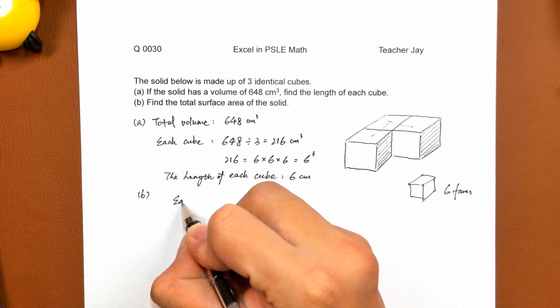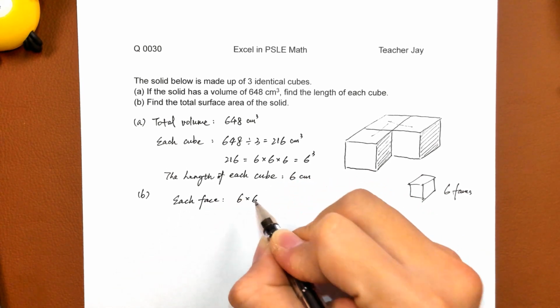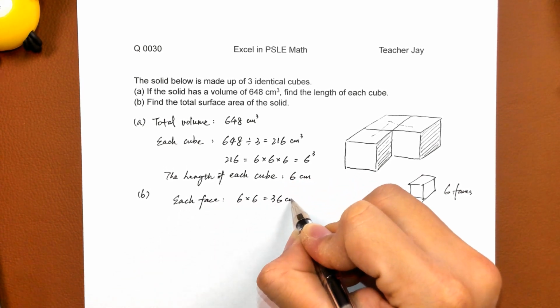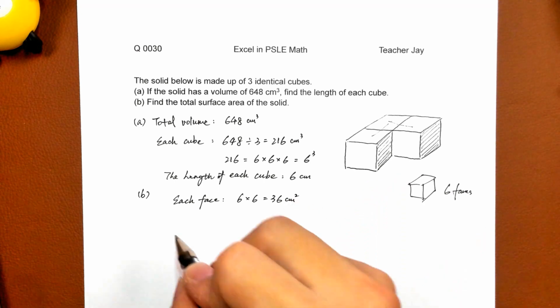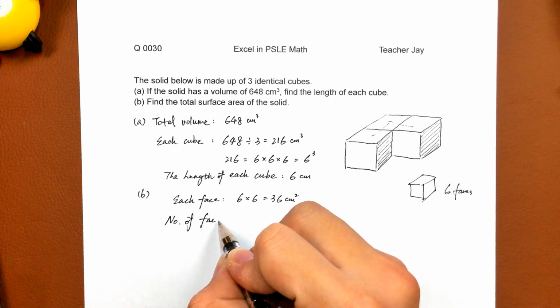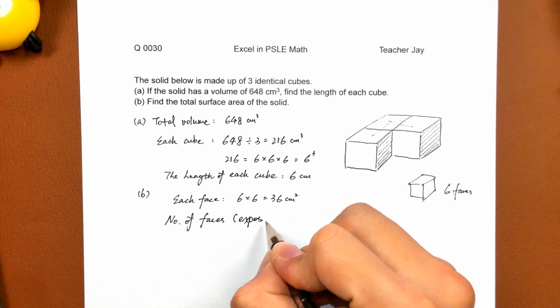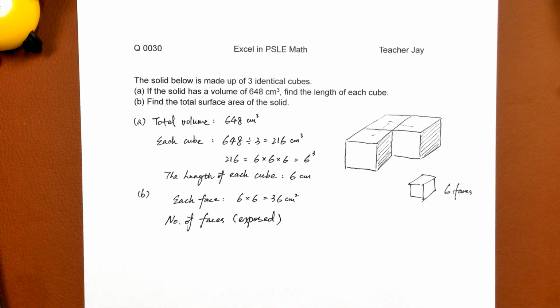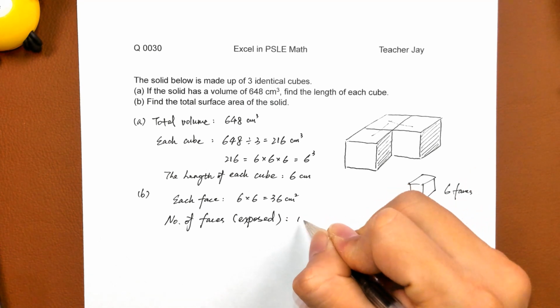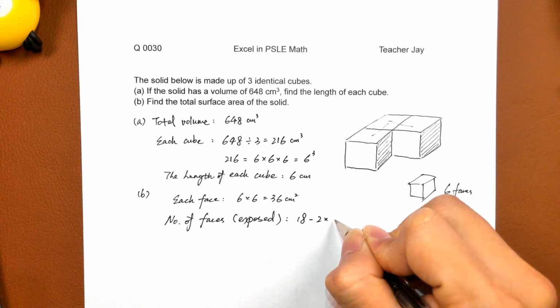So each face is 6 times 6, 36 square centimeters, and the number of faces exposed to us, that means we can see, is 18 minus 2 times 2.